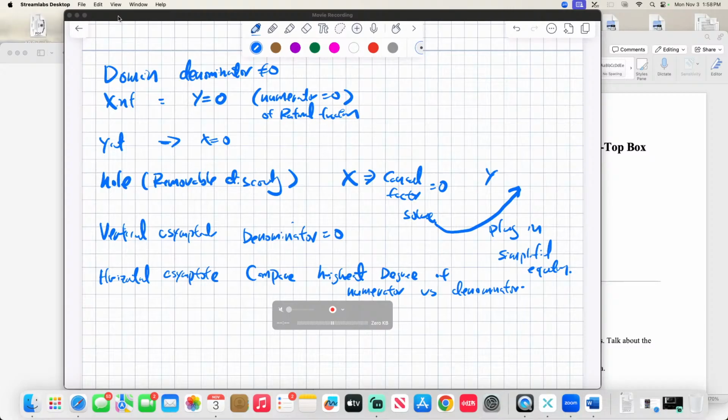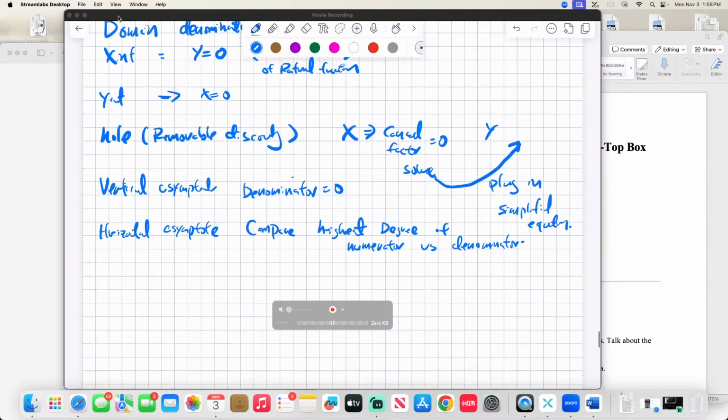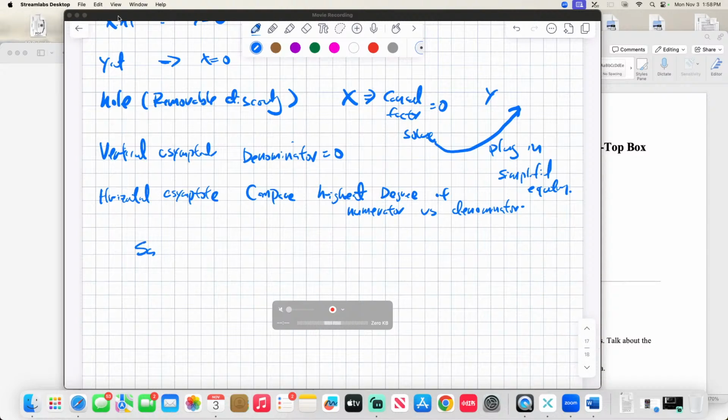So what if they are the same degree? Same degree is the easiest one: it is the ratio of the leading terms. So if it's 5x squared over 2x squared, then it's going to be 5 over 2.